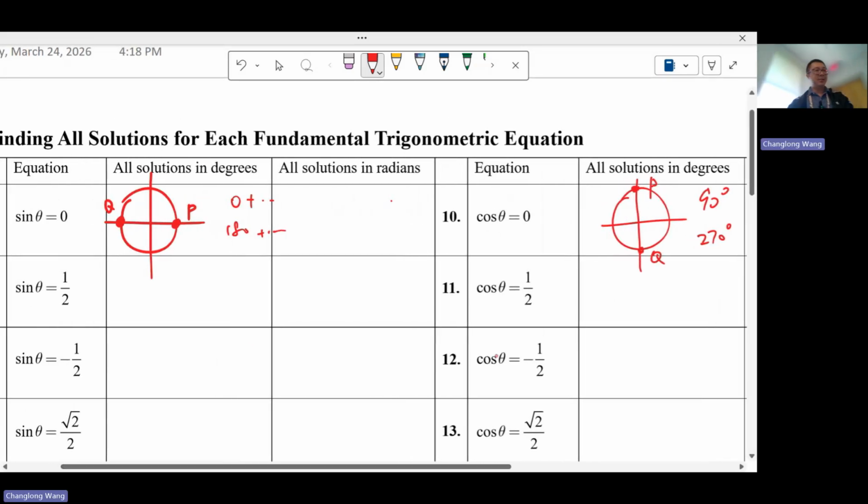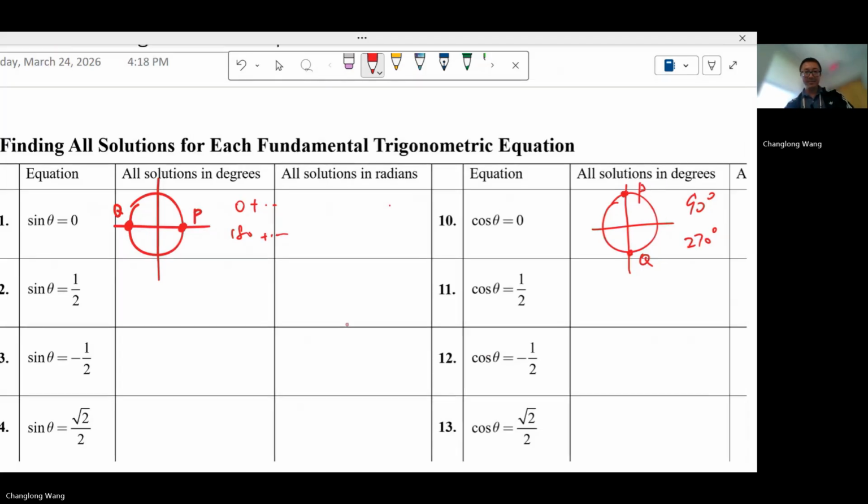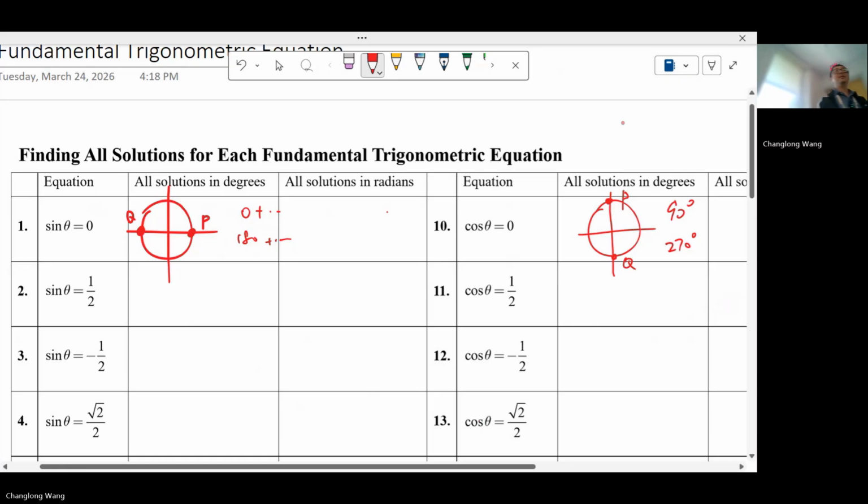All right, so now you guys do number 8 and 9, 17 and 18. Once you're done, you're good to go. 8 and 9, 17 and 18 on the first page.